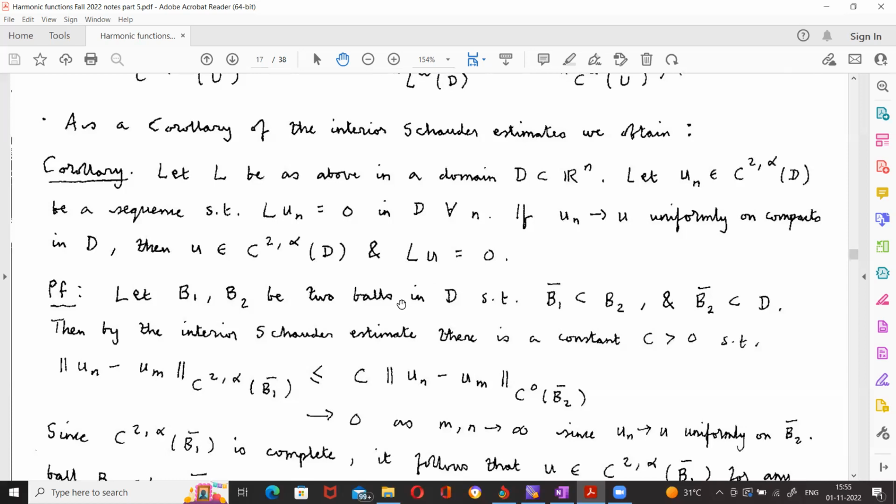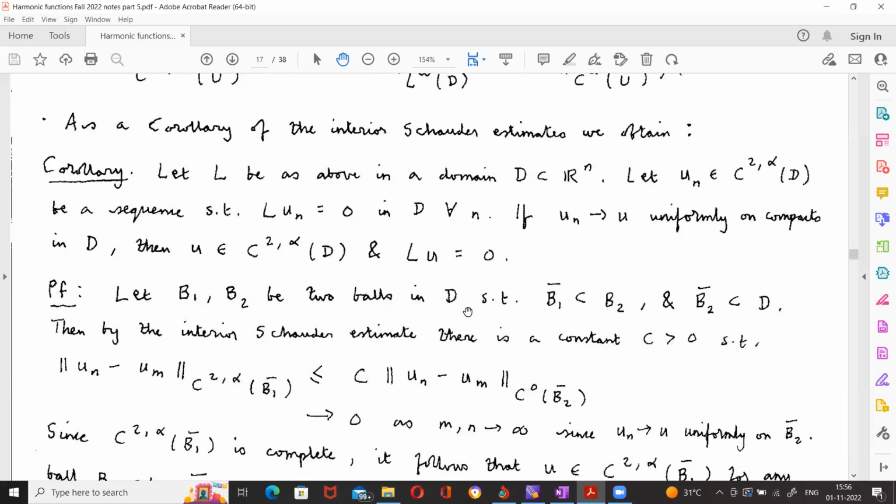So this is going to follow from the following. You just let B1 and B2 be two balls in the domain D such that B1 closure is contained in the ball B2 and B2 closure is contained in the domain D. Then we apply the interior Schauder estimate, taking the domain to be B2.